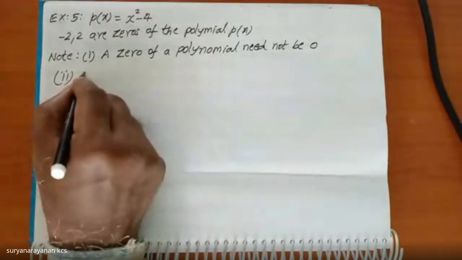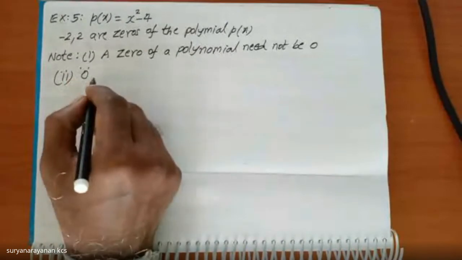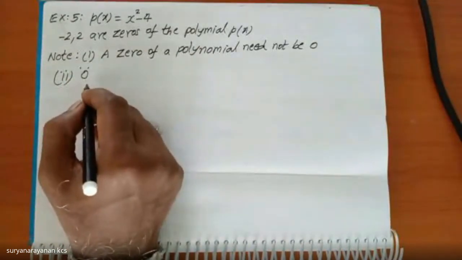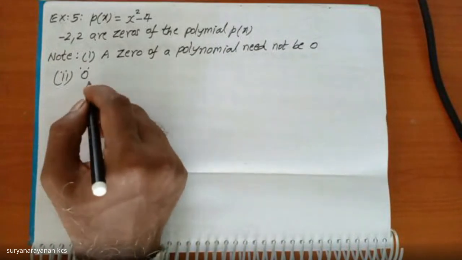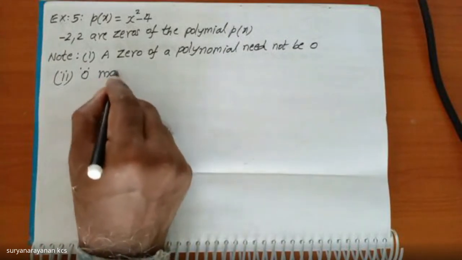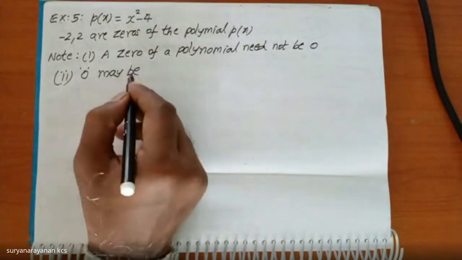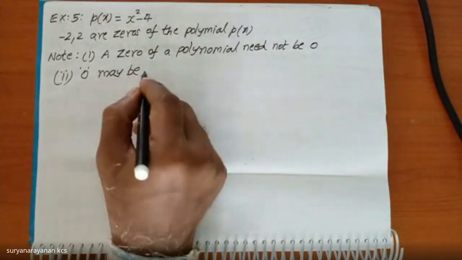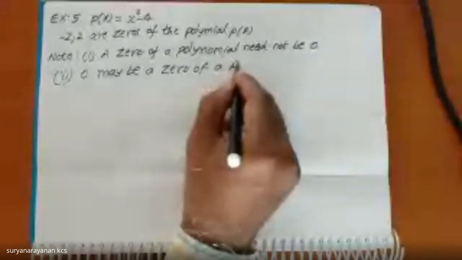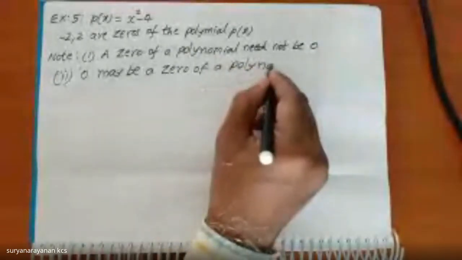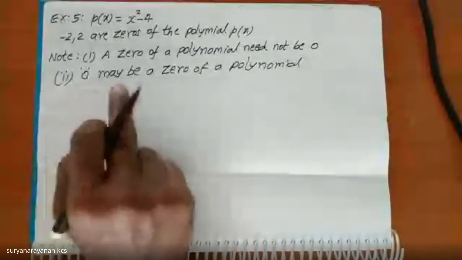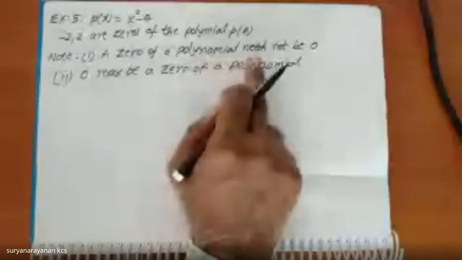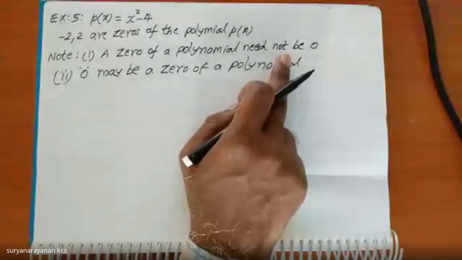These are our observations from the above examples. So the zero of a polynomial means it may be zero or it may be a non-zero number.